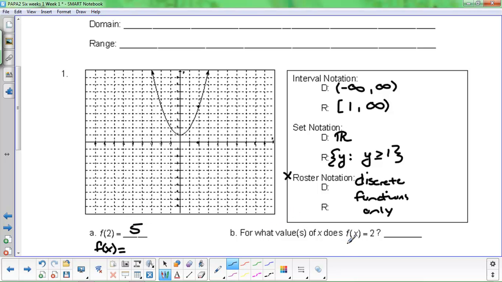F of x equals 2. Remember, in function notation, f of x is simply y. So when y equals 2, what does x equal? In this particular case, x is 2 separate values, both -1 and +1.